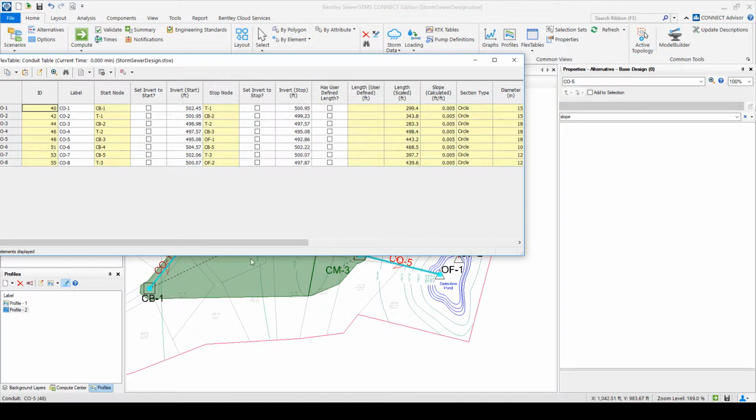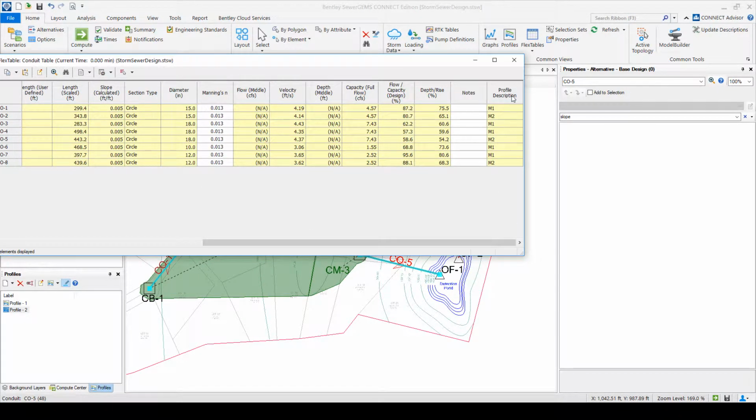Profile description. Okay, so you can see that they're all mild slope because they're all M profile descriptions. So they're all pretty nice. They have that minimum 0.005, so it's good slopes.